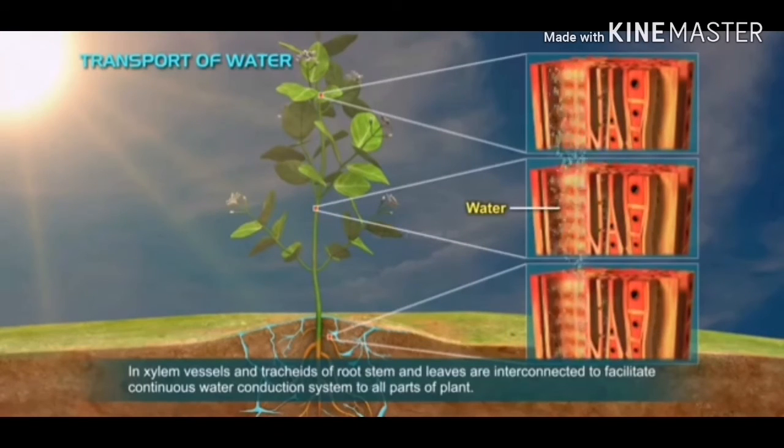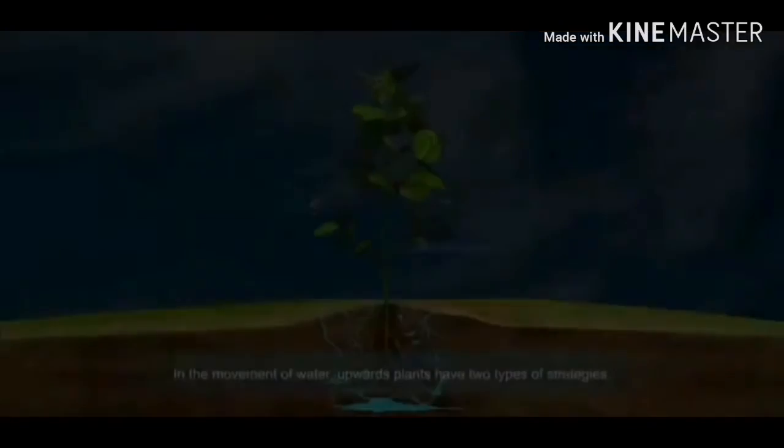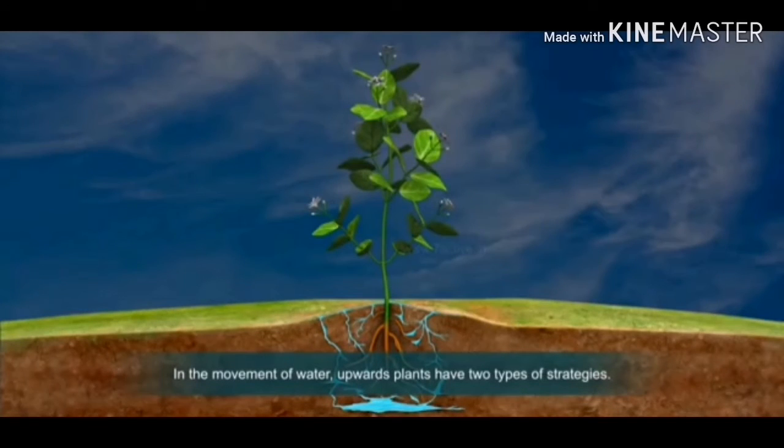In xylem, vessels and tracheids of roots, stem, and leaves are interconnected to facilitate continuous water conduction to all parts of the plant. The water is transported upward against the force of gravity with the help of xylem vessels.